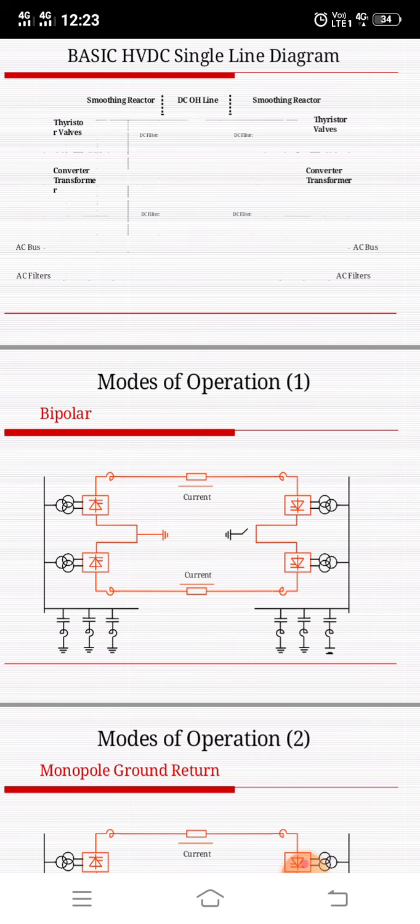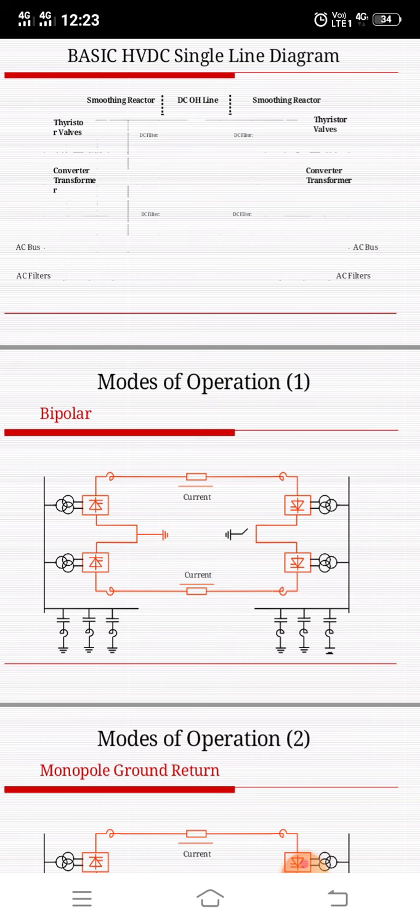First one, bipole with ground return path. This diagram is meant for that type. This is a commonly used configuration for a bipolar transmission system.